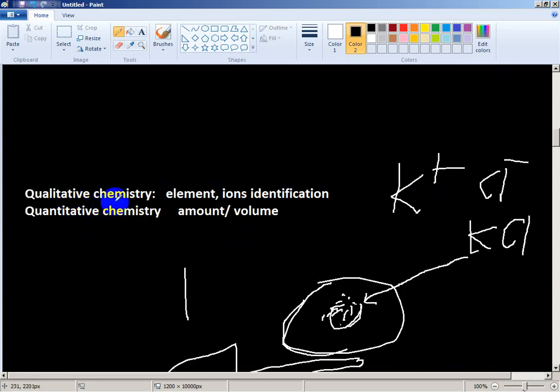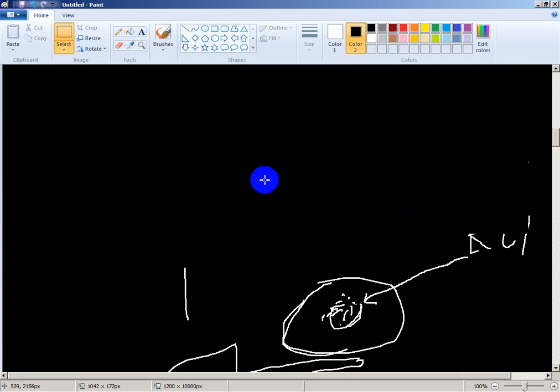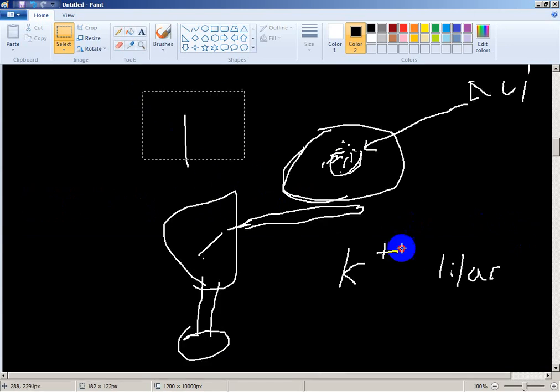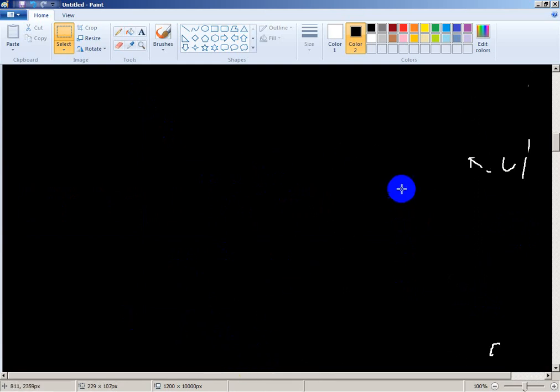Have you understood what qualitative chemistry is? What do we do in qualitative chemistry?